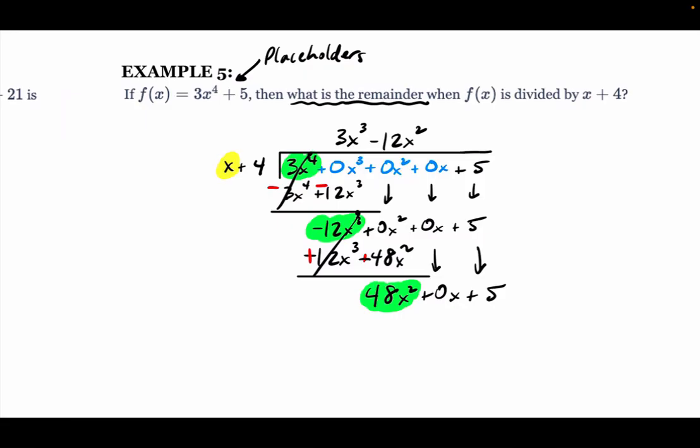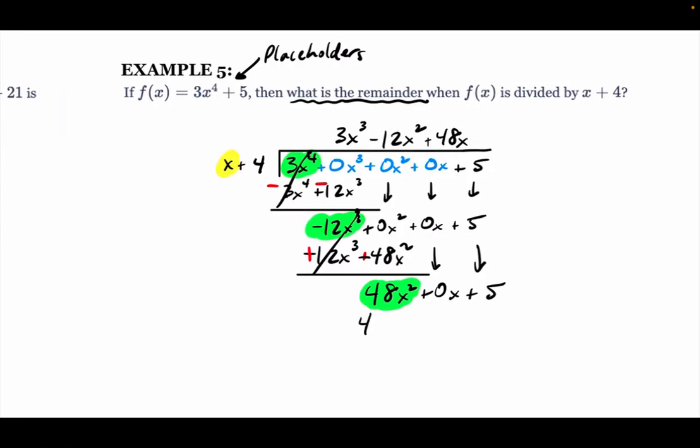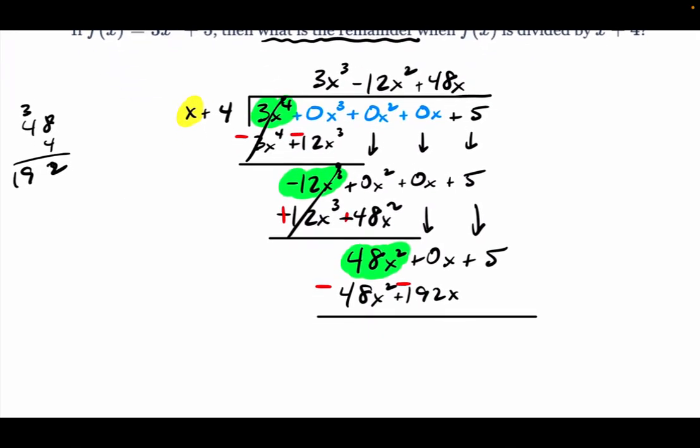1x into 48, I need a positive 48x. So I'm going to get a 48x squared. 48 times 4 is 192. Negative 192x, bring down the 5.